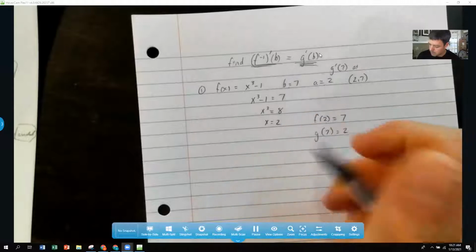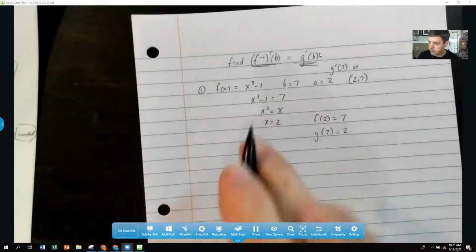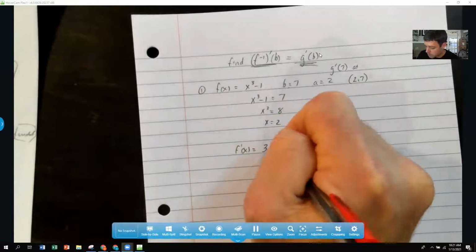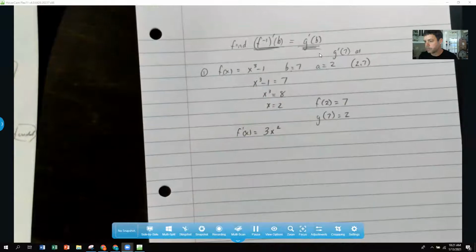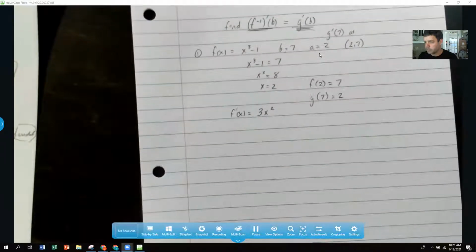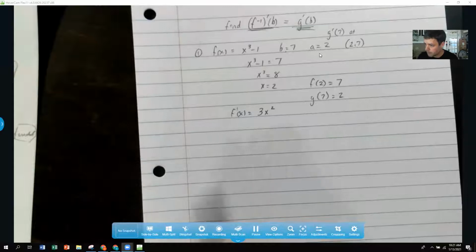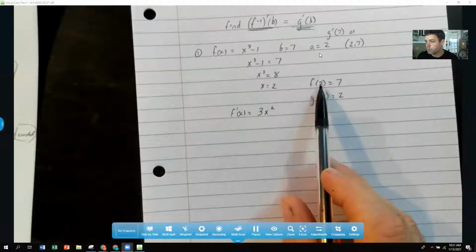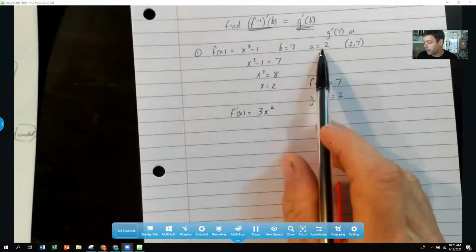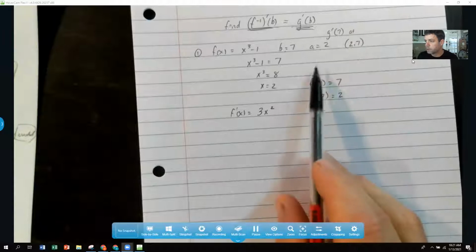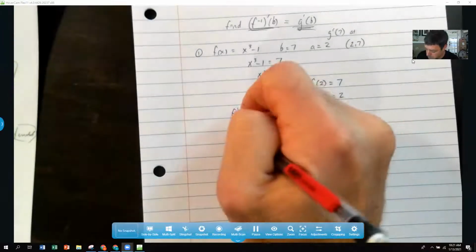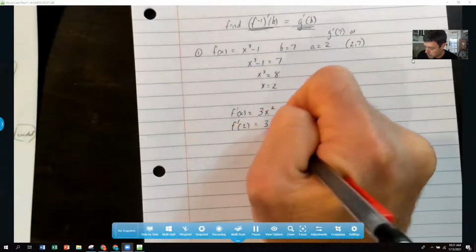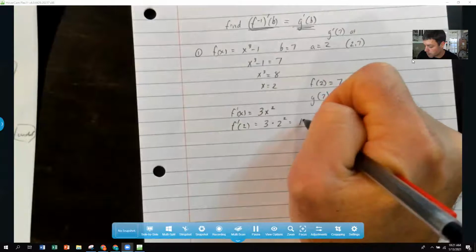All right. The next thing we need to do is find the derivative of our original function. So f prime of x equals 3x squared. That's step 2. Step 3 is to then find f prime of 2, f prime of a. That goes with the original function. So f prime of 2 is 3 times 2 squared, which is 4, so we get 12.